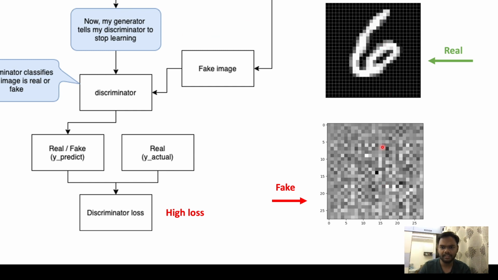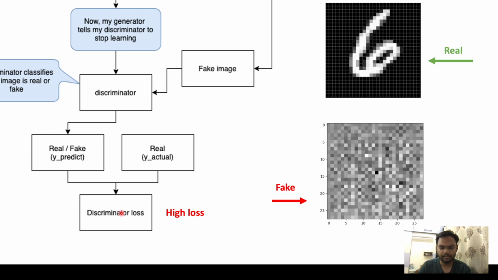As you can see here, I've got a really high loss because my generator is very bad. But if the situation were the other way around, if I have very low loss, that would indicate that my generator is extremely talented. It's very robust. That's the ideal situation. That's where we want to reach. So let's see what happens next.